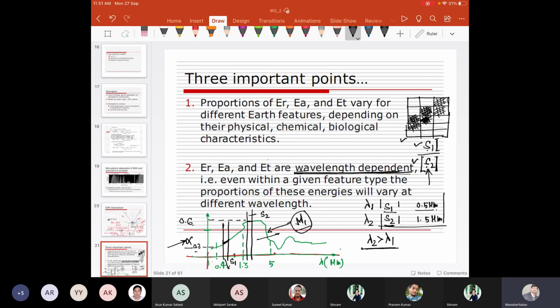If they are different, it means the corresponding digital number assigned for material M1 will also be different. So just see, the material is the same, but when you change the wavelength, the behavior of that material is changing. It means more information is released by that material.